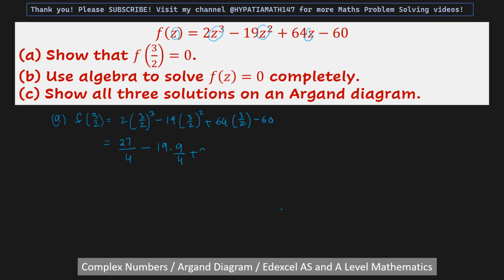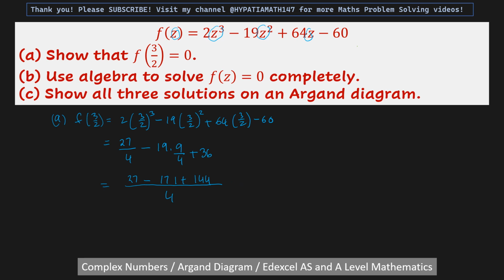So I write here 36. Then we have 4 as a denominator, and that's 27 minus 9 times 19, so that's 171 plus 36 times 4. So instead of 36 times 4, I would write 144.